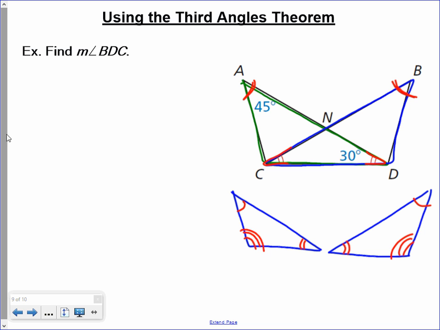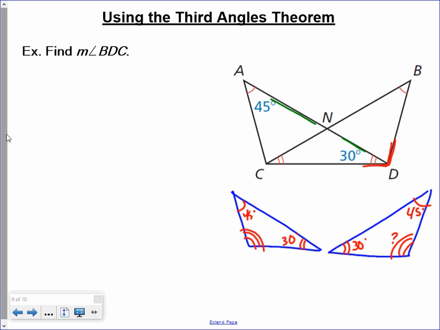Now, when you look at the overlapping shape, you're looking at this angle and this angle. BDC is the one that we're actually looking for here, which is this one, question mark. Well, you know this is 30, and you know this is 45, and you were given the fact that these were congruent, so that's 45, and that's also 30.